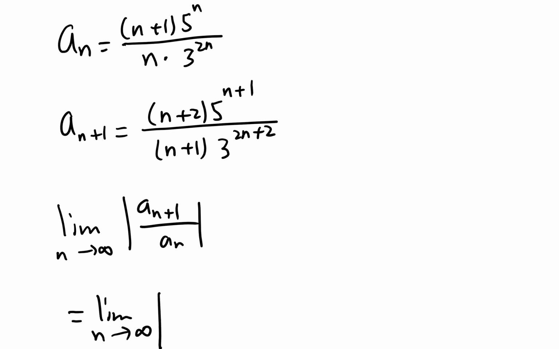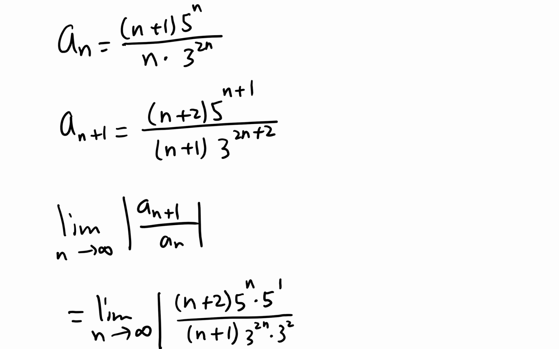Watch what we do. a_(n+1) is n plus 2 times 5. I'm going to break that down to 5 to the n times 5 to the first, over n plus 1 times 3 to the 2n times 3 squared. And notice it's divided by a_n, right? So instead of division, I'm going to do multiplication and flip a_n: n times 3 to the 2n divided by n plus 1 times 5 to the n.